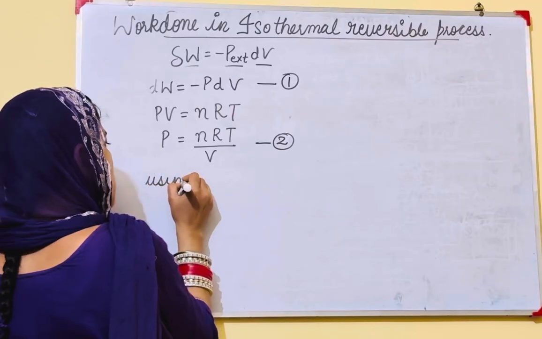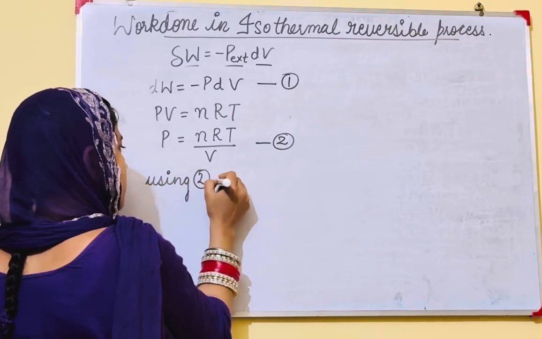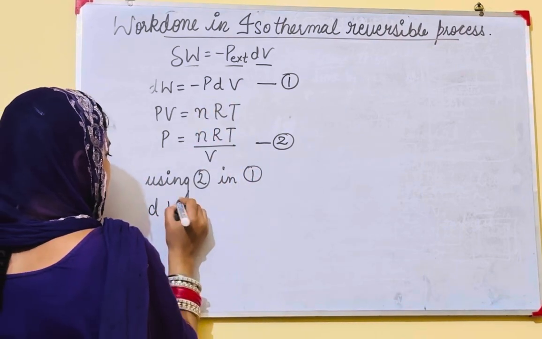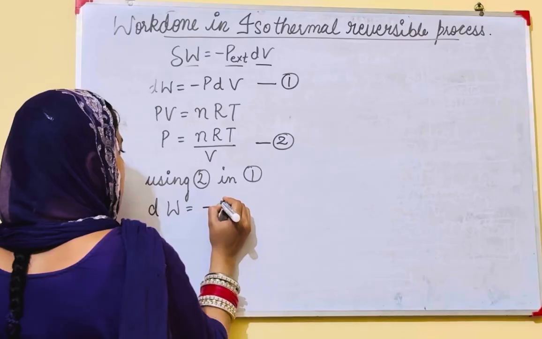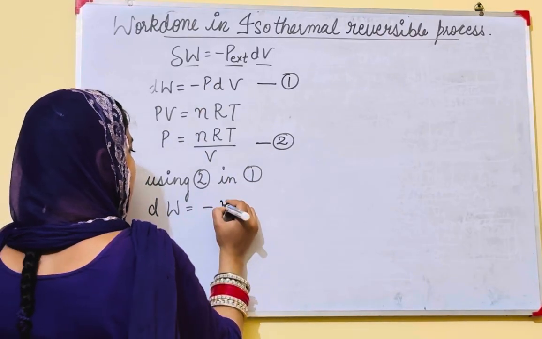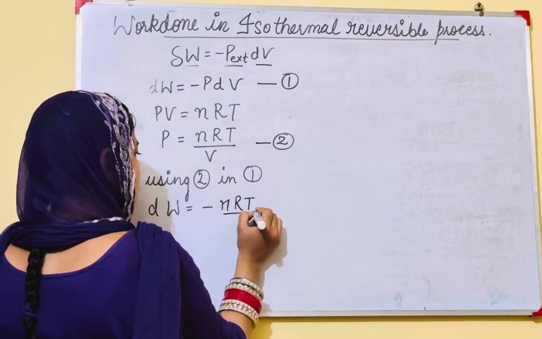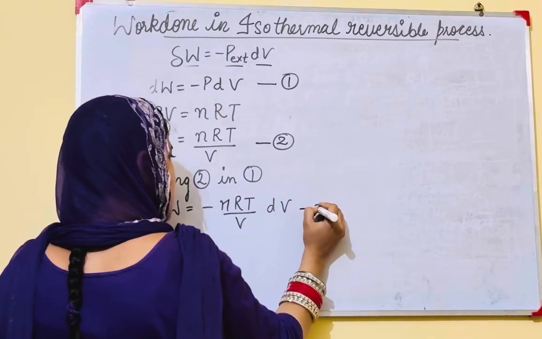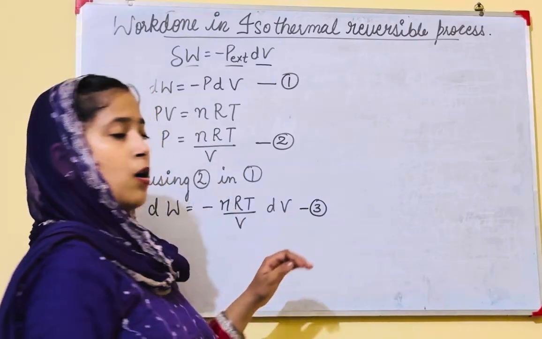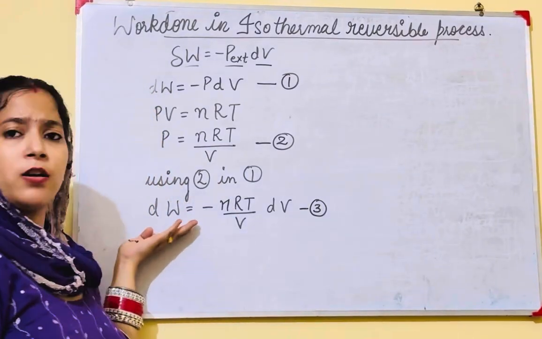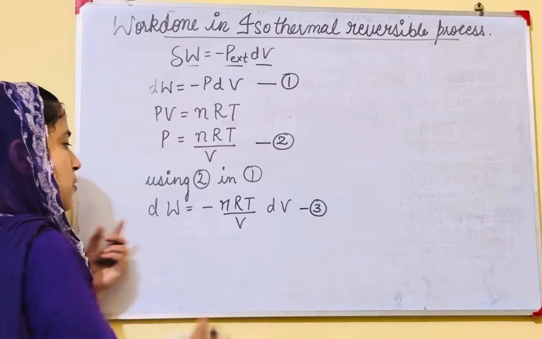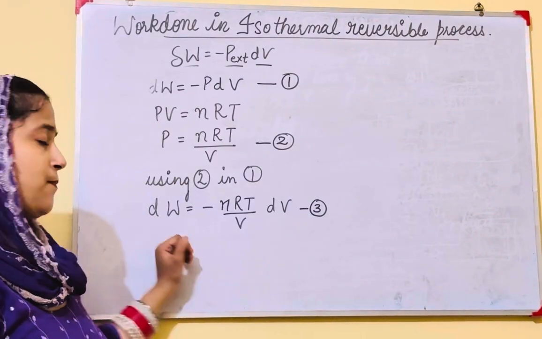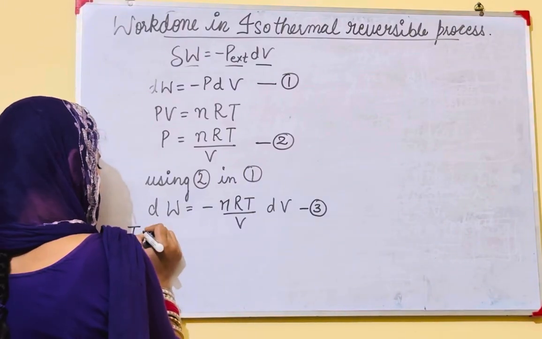Using this second equation, your expression becomes dW is equal to minus, instead of P you write nRT over V, dV. This is your equation number 3. We want to find the total work done, and this is the small amount of work done. In the last derivation, what did we do to find the total work done? Integration.